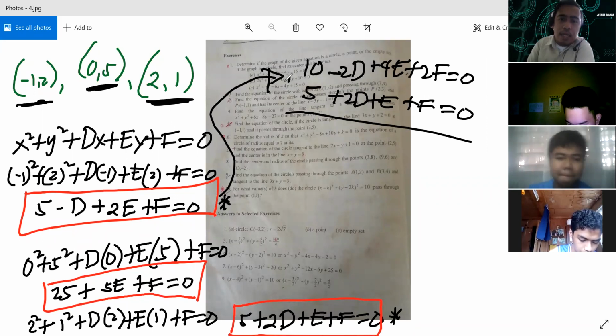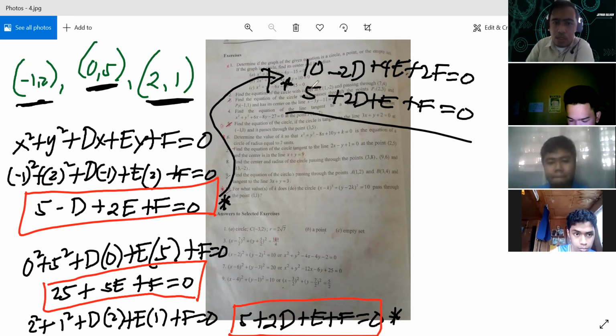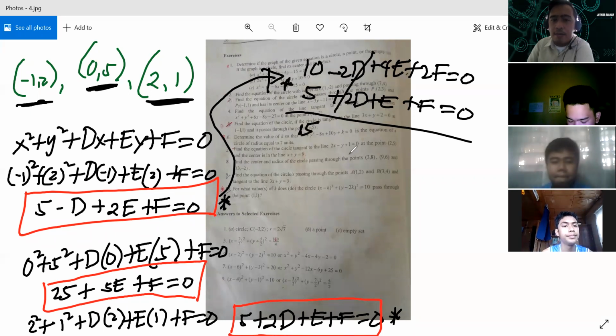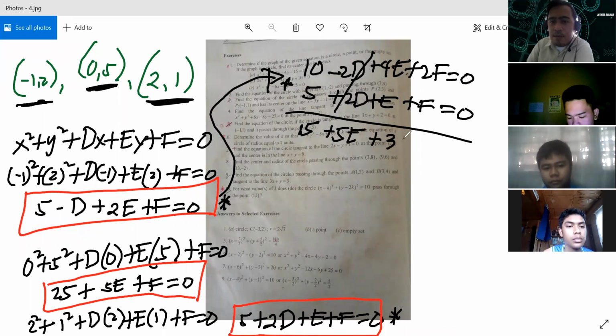So if you add here, you take the sum of the two equations, it will be now 15. The d will be 0, right? And it will be plus 5e plus 3f equal to 0. Clear?